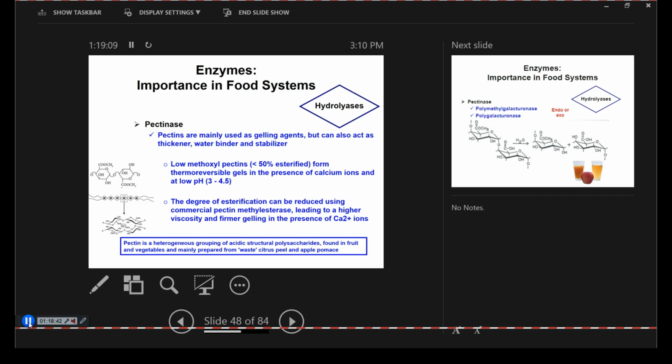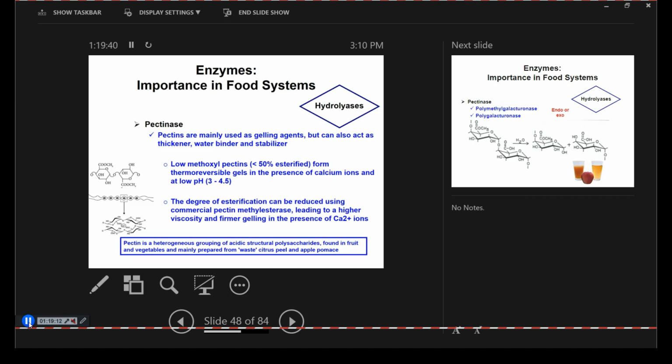So pectinase is a hydrolase, and we use it to clarify juices, for instance. Pectin is in general used as a gelling agent, but can also act as thickener, water binder, stabilizer. So we have the low methoxypectins and the high methoxypectins. Low methoxypectin means we have less than 50% esterified.